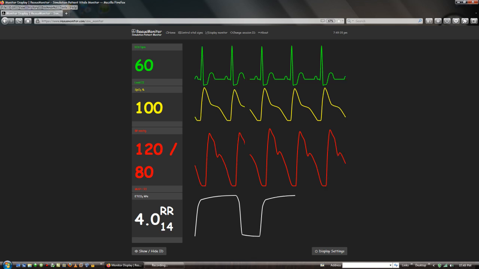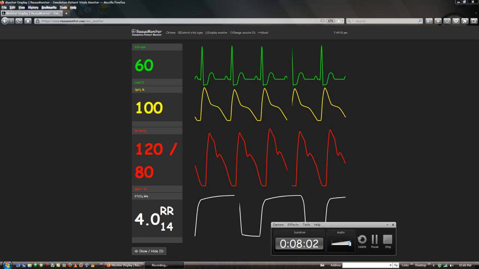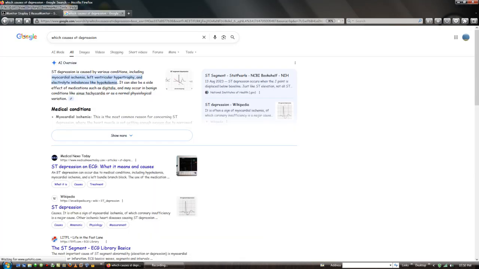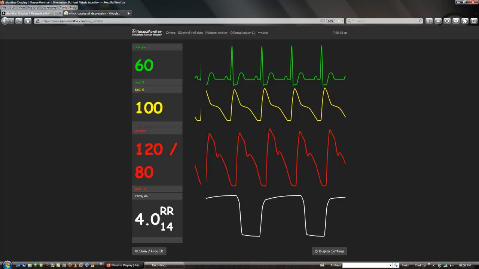Now, ST depression is an EKG with turned-down segments and waves, and ST depression causes, I don't know, I'll just search on Google and I'll show you what that is. There you go, it is myocardial ischemia and ventricular hypertrophy and electrolyte imbalances like hypokalemia. This rhythm causes hypokalemia.